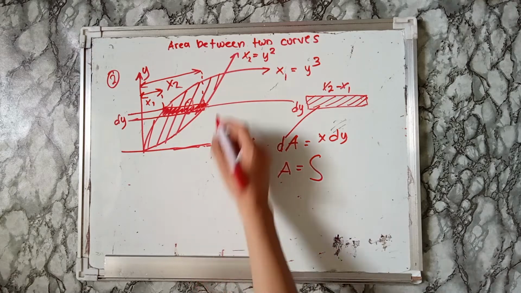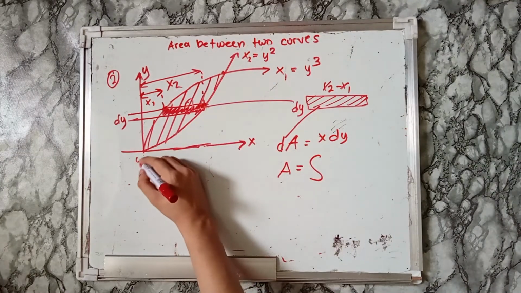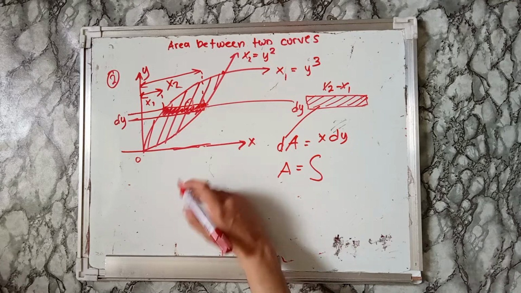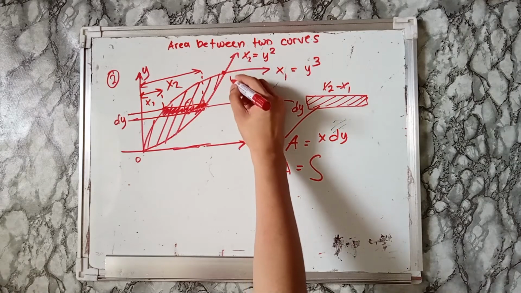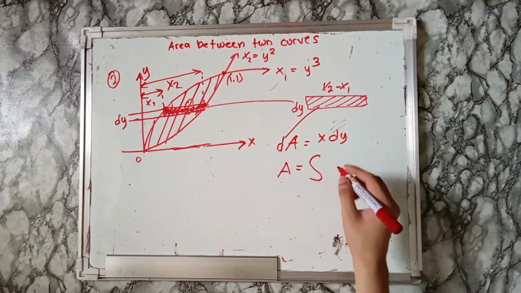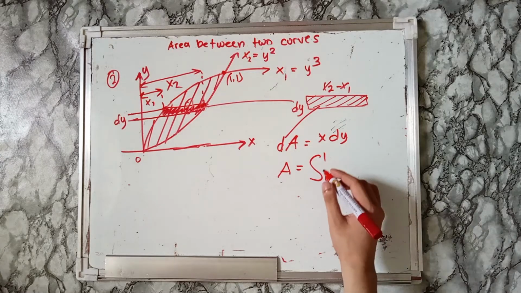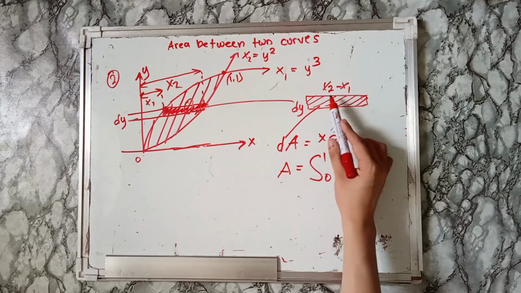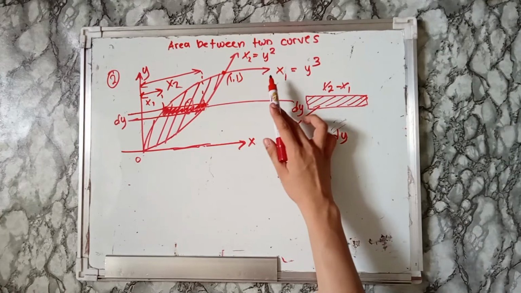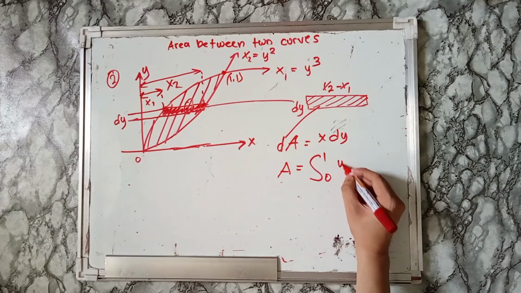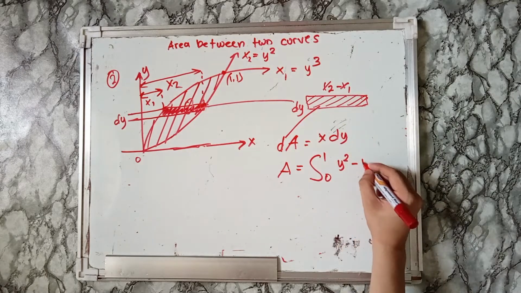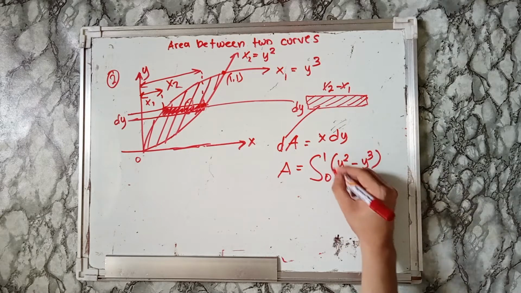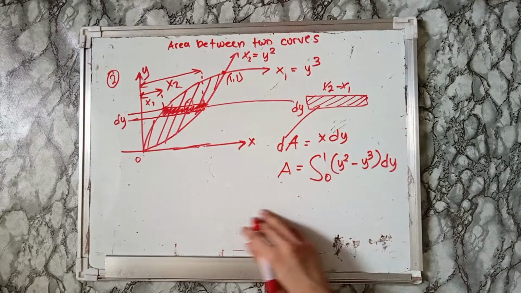Let's say our limits here are 0 to 1. Our value of x sub 2 is y squared minus y cubed, with respect to dy.